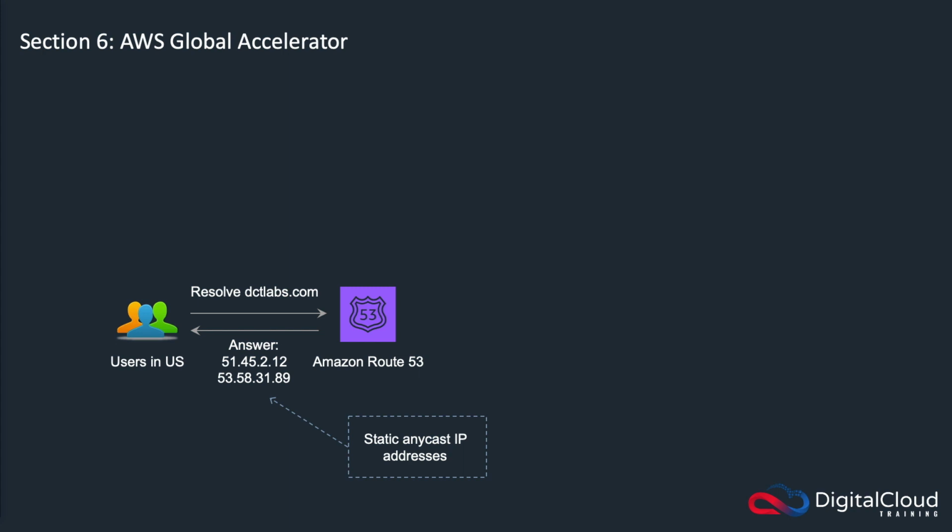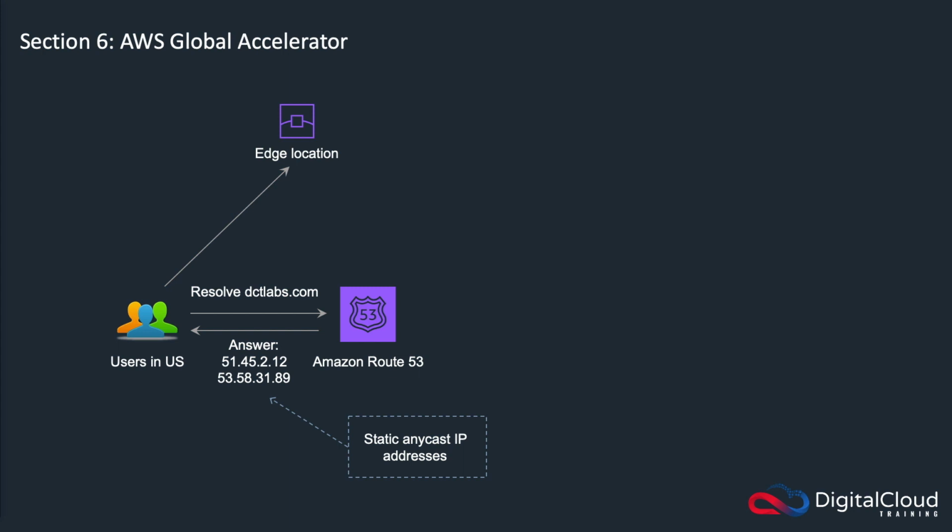It also means when we have a failover between different regions, so our application endpoints in different regions, these IP addresses don't need to be changed in the client's browser. They'll be cached in the client's computer on their browser, and it doesn't matter because normally you have to worry about how long it's going to take for those cached entries to expire before the browser or the computer needs to go and do another lookup to find out some new IP addresses. In this case, the IPs don't change, so that's not an issue.